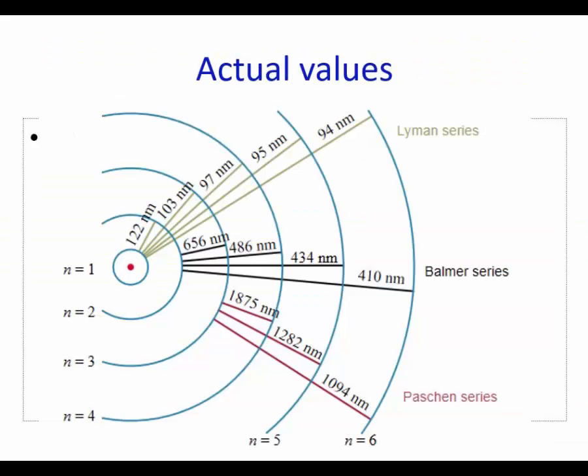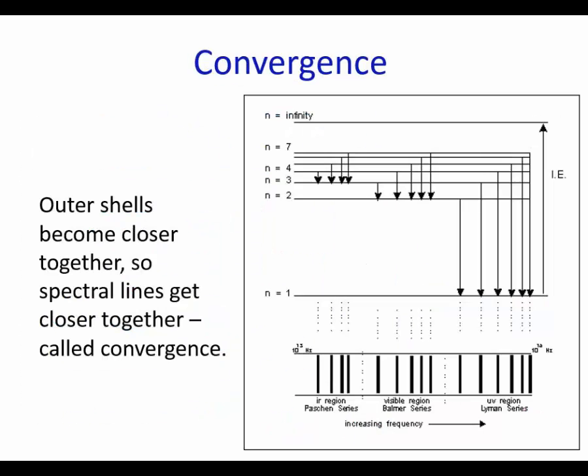Here's a list of the actual values which you can work out using those equations, which will be in higher level. Okay, and just a last diagram here showing you the convergence.